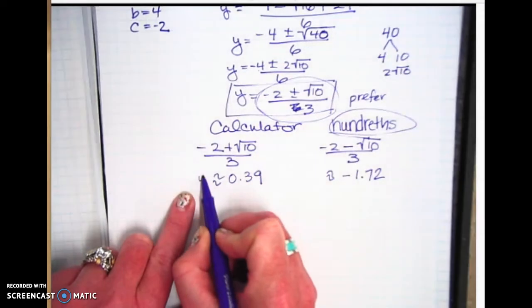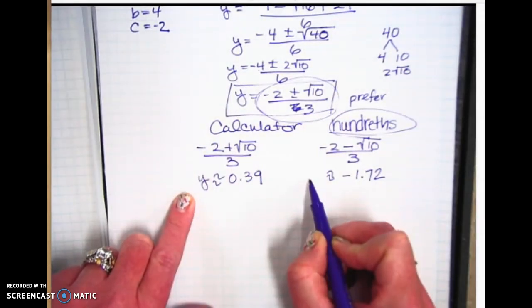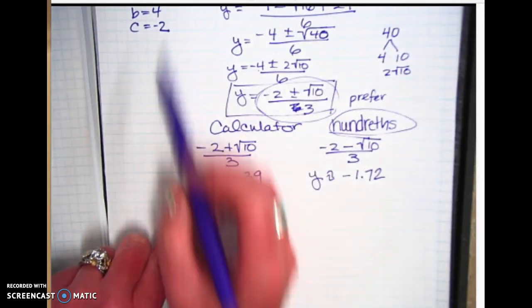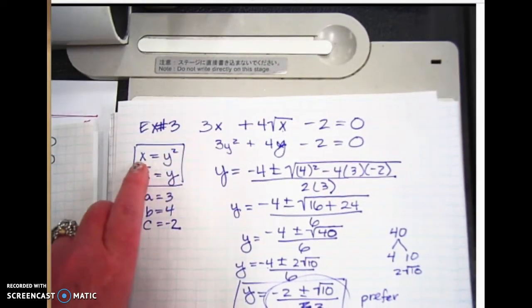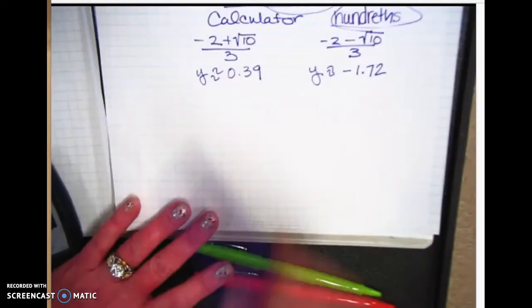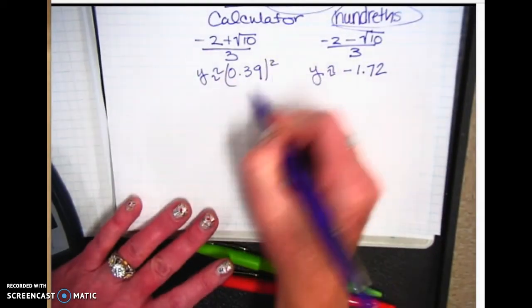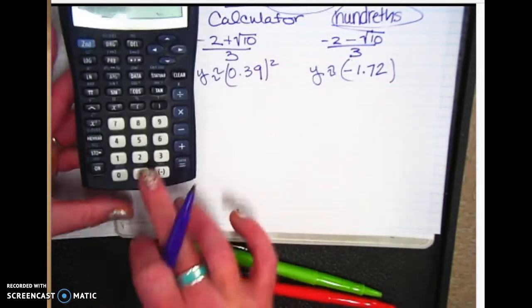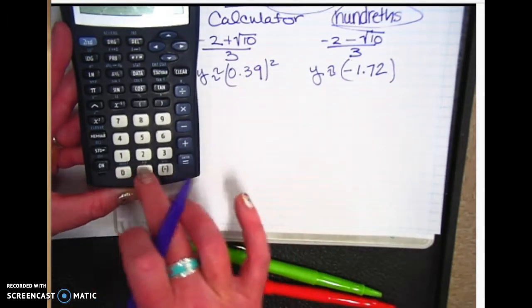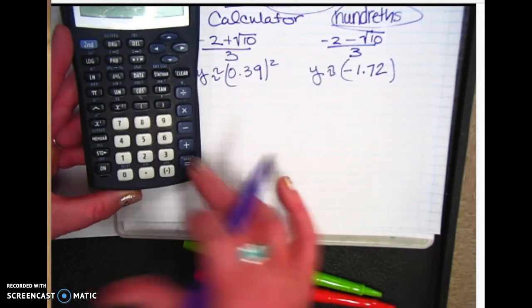These are our y's. So we want to square them. If you look back up here, we want to square the y to figure out what x is. So I'm going to take this number and square it, take this number and square it. This one, well, I'll clear it because I want closer decimals. 0.39 squared.